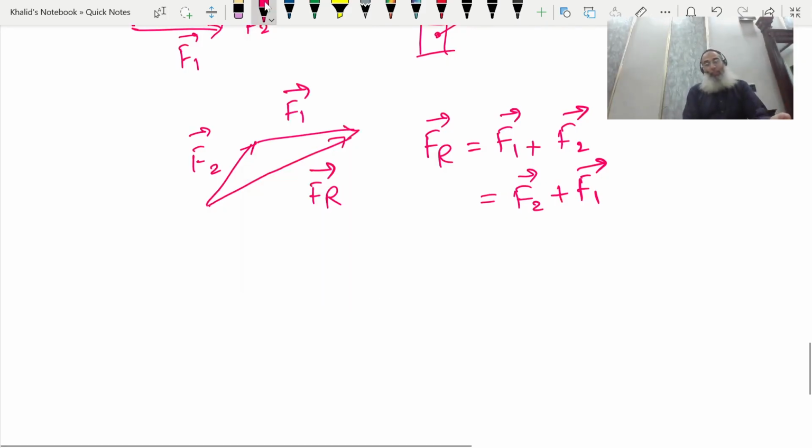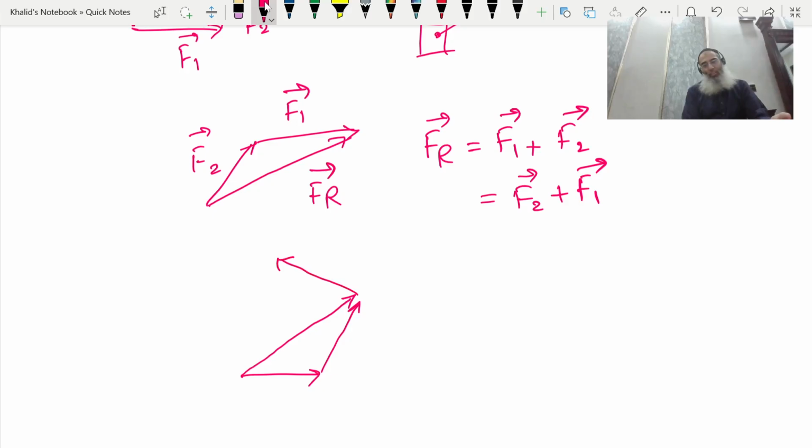Look, if I have one force like this, F1, another force like this, F2, this one is a result, F4, and F3 goes this way. So it's F3, it's F2, it's F1. This is the resultant of these two forces, F1 and F2. I call it F4. So FR plus F3 is the resultant of all three forces.